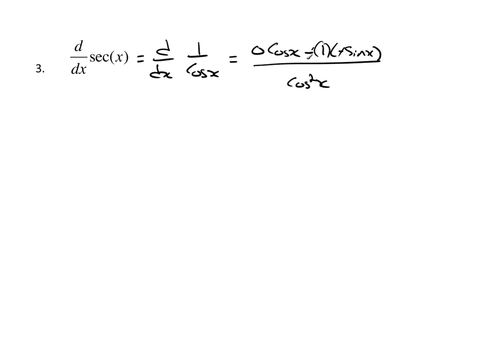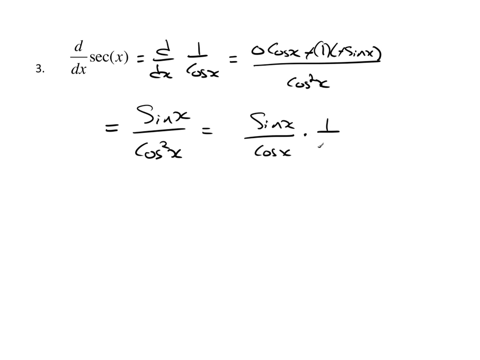Well, these negatives are going to cancel, so I end up with sine of x over cosine squared of x. Well, that's equal to sine of x over cosine of x times 1 over cosine of x, and that's equal to tangent of x times, oops, times not equals, times secant of x. So the derivative of secant is secant tangent, or tangent secant, however way you want to read it.